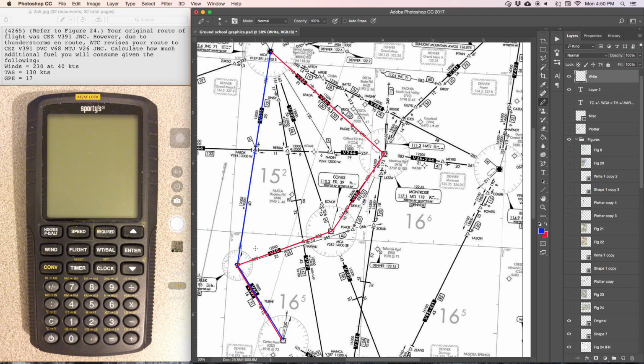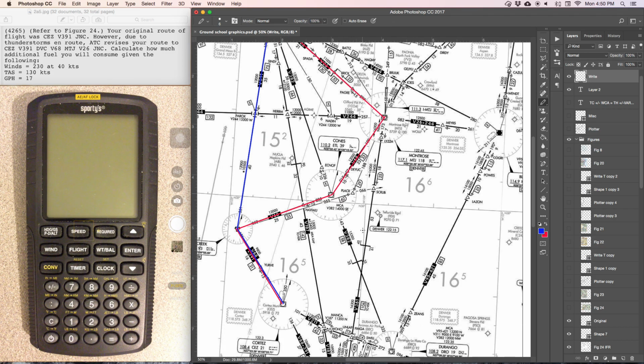And so what we need to do is determine the difference in fuel that's required from this VOR to this VOR between the blue and the red route. In order to do that, we'll have to determine the ground speed for each route, and then using the ground speed, determine how much time we have for each route, and then come up with the fuel that's required.